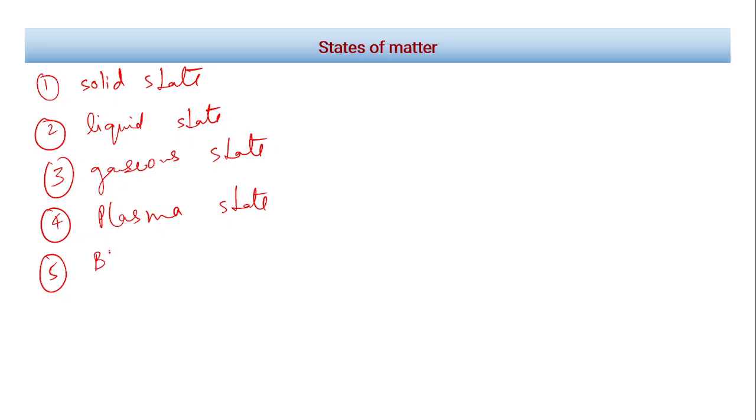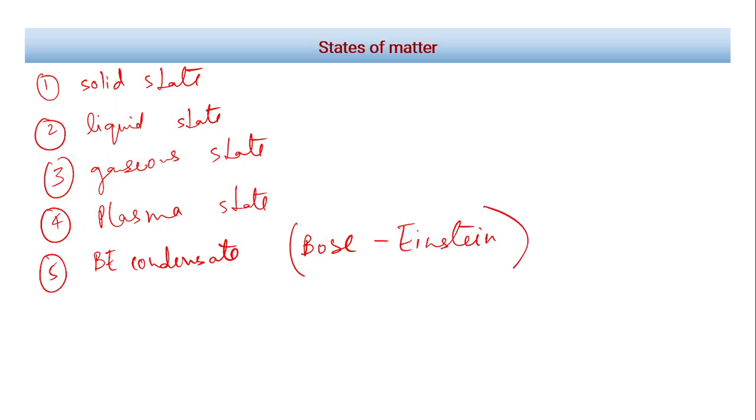It's called Bose-Einstein condensate. It's named after two scientists, Bose, who was an Indian physicist, and Einstein, who I think you all already know, a very famous scientist. These two together had proposed something like this.